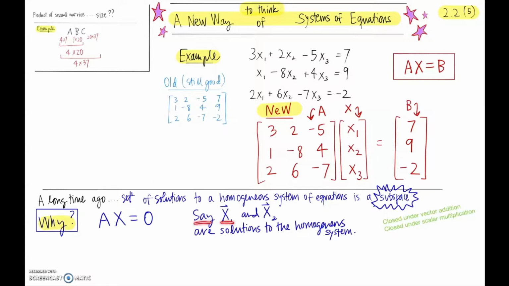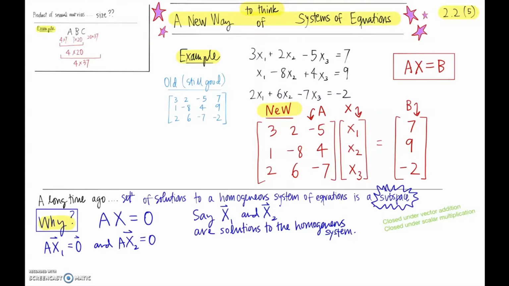So say that the vectors x1 and x2 are solutions to the homogeneous system. This is a system that has multiple solutions. We're trying to show that all of those solutions will be a subspace. Then wouldn't it be true that A times x1 equals the 0 vector, and A times x2 equals the 0 vector?